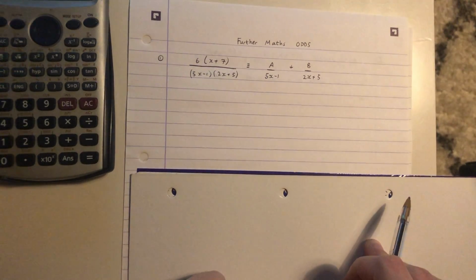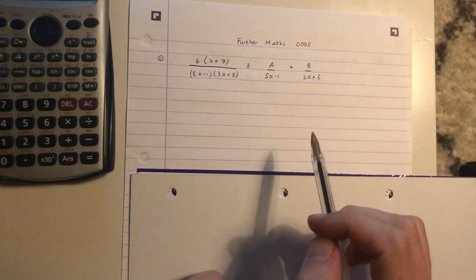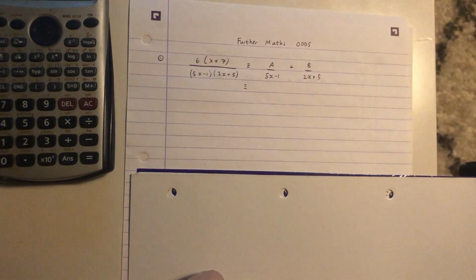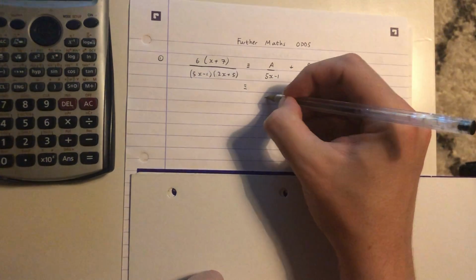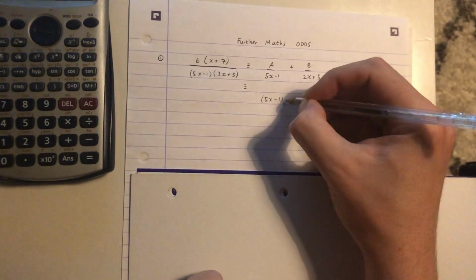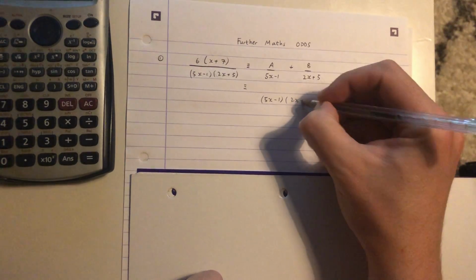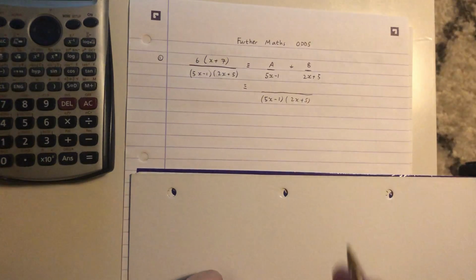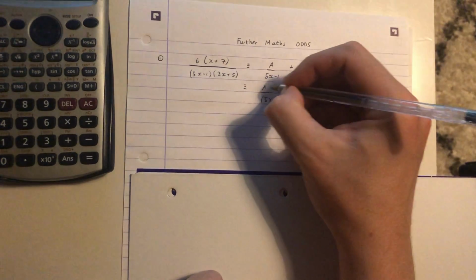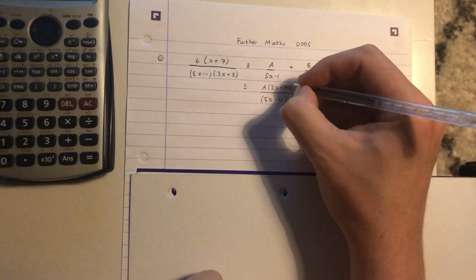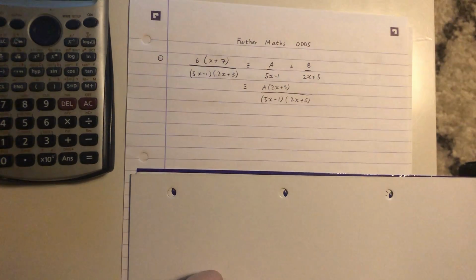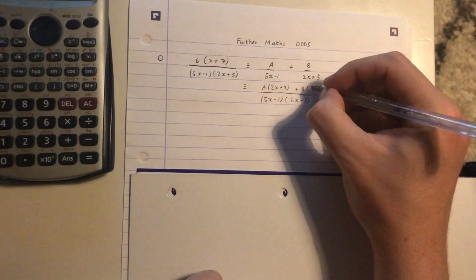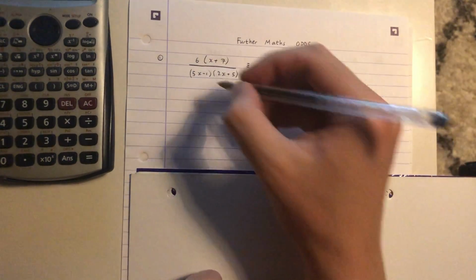So the first thing you should have done is rewritten the right hand side as a single fraction over the same common denominator. So you have to times the first numerator by 2x plus 5 and the second numerator by 5x minus 1.